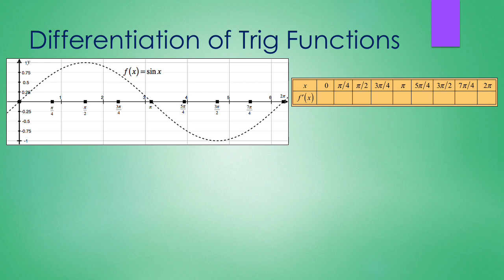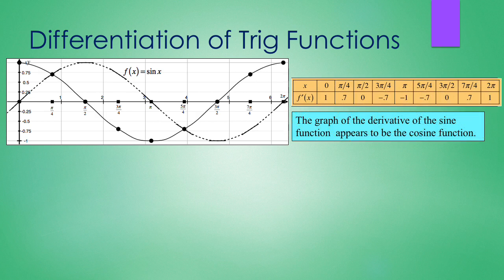Then, from the sketch, approximate the slopes of the tangent lines, which is the derivative of sine of x, by completing the chart, and then plot those points on the graph. If you connect the dots, what trig function does the derivative of f of x suggest?